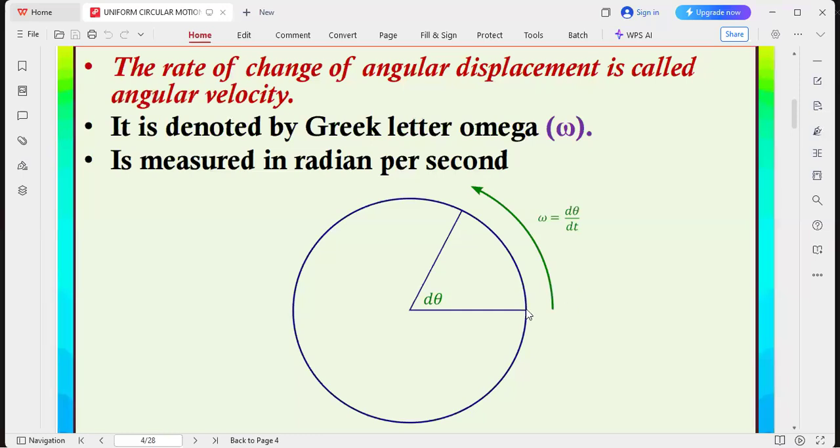Because this is a whole oscillation, in waves we say the time taken for one complete oscillation is called periodic time. So even our small t changes to capital T. So omega equals 2 pi over capital T, periodic time. That's the second way of expressing angular velocity.